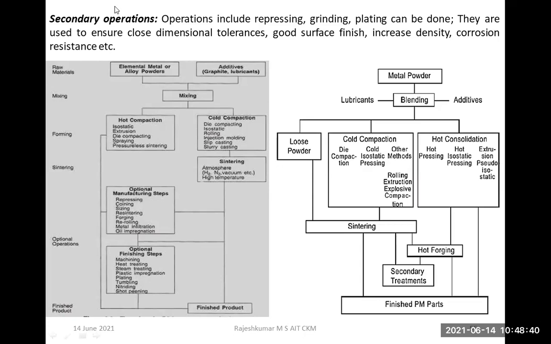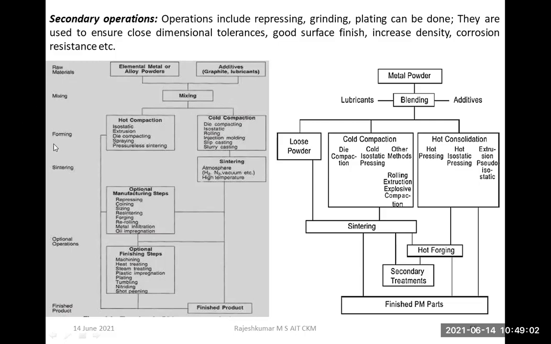So these are the two block diagrams. With the help of this block diagram, you can easily understand the working of the powder metallurgy secondary operations. The first is raw material. In the case of raw material, it is elemental metal or alloy powders, additives, graphite or lubricants.